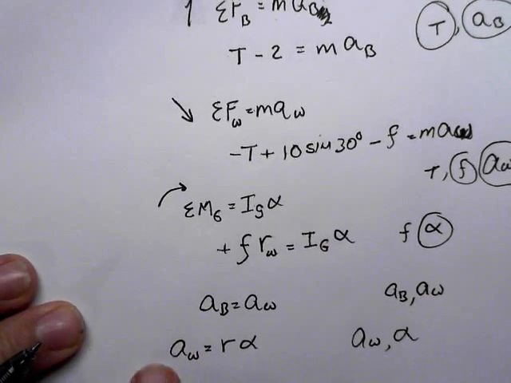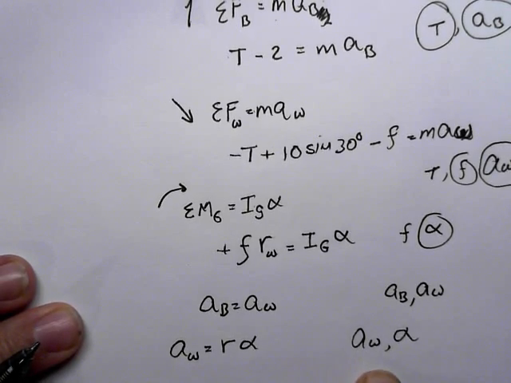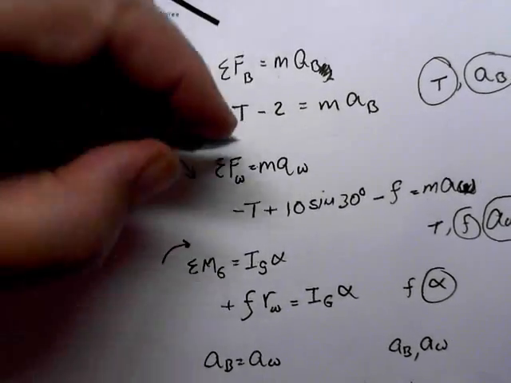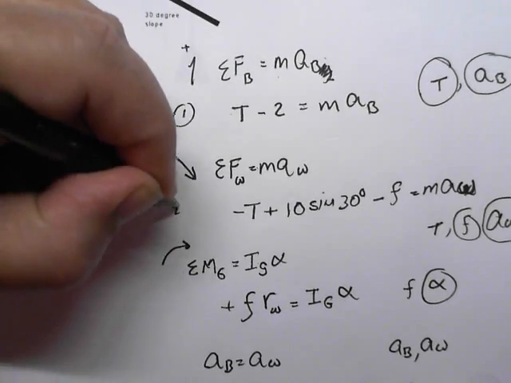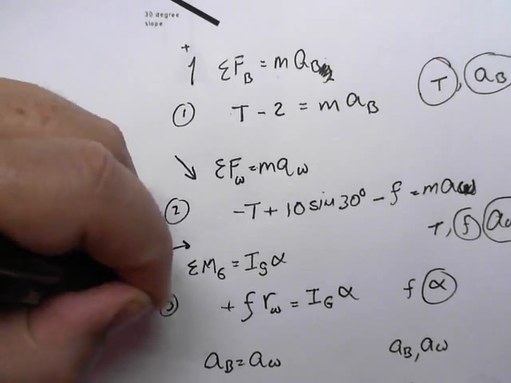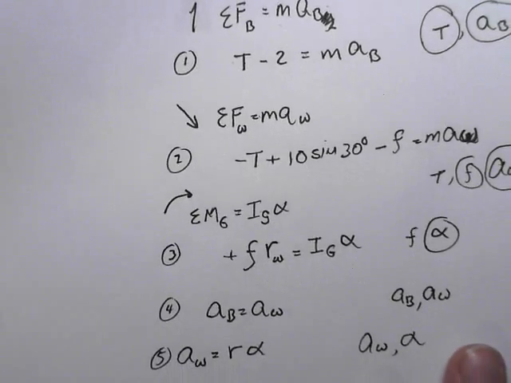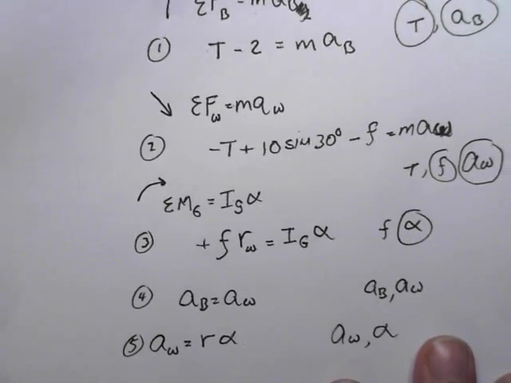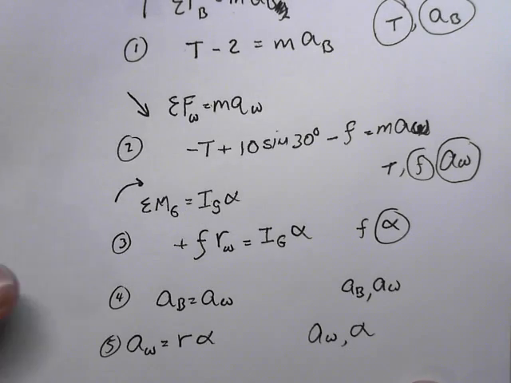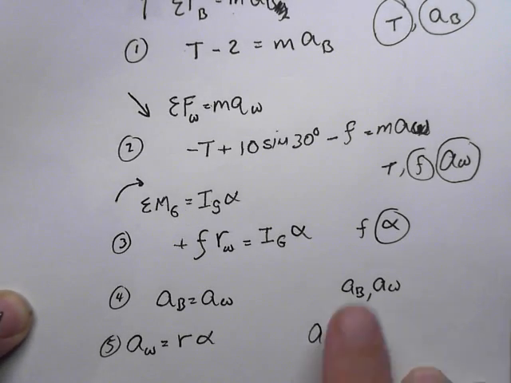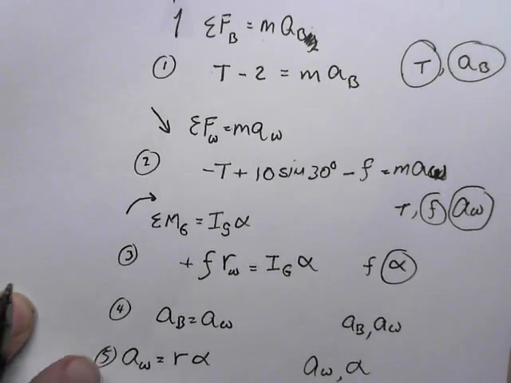I guess you couldn't see me write that equation: the acceleration of the wheel is R alpha. And so we now have 1, 2, 3, 4, and 5 equations and 5 unknowns. Solve them, in the end, for rope tension, which is what we were asked for.